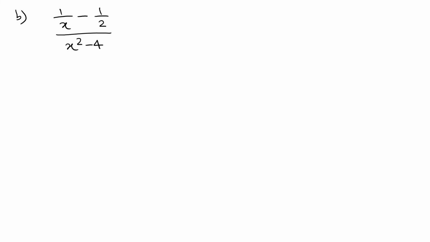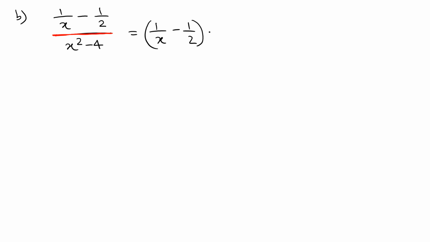Let's say we have 1 over x minus 1 over 2, divided by x squared minus 4. This is the major division here. That's the main division. So what we can do, as before, is write the first one as it is, 1 over x minus 1 over 2 in parentheses, and then make it a multiplication and flip over.